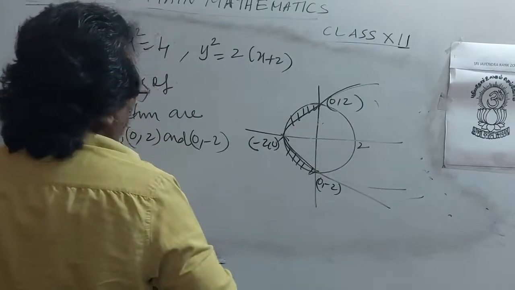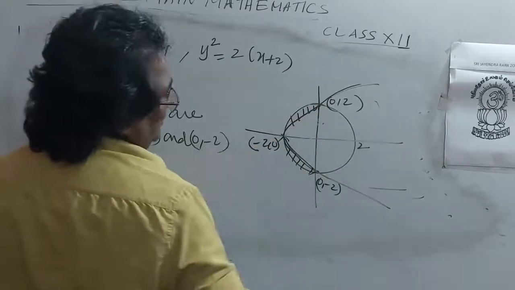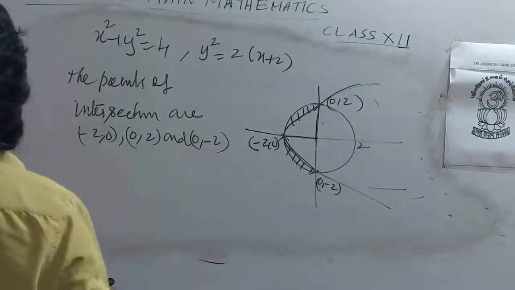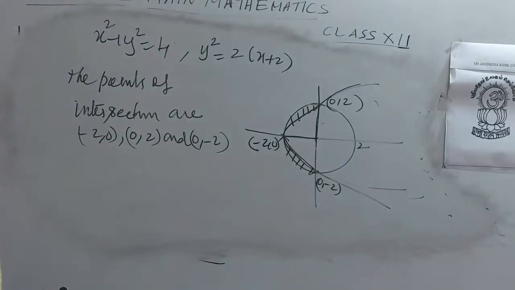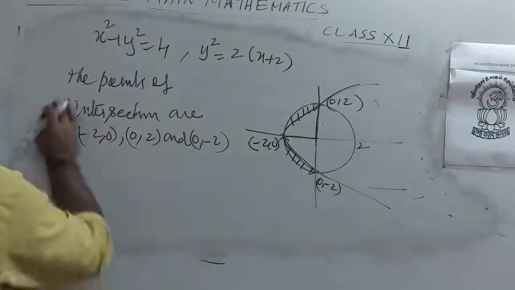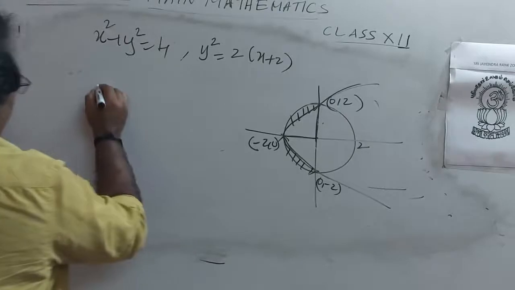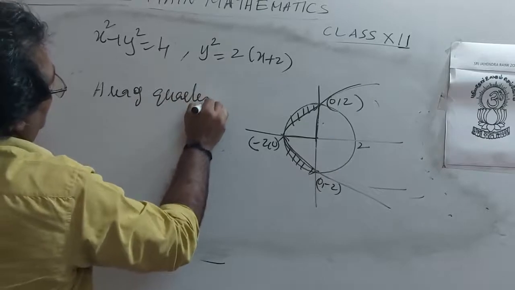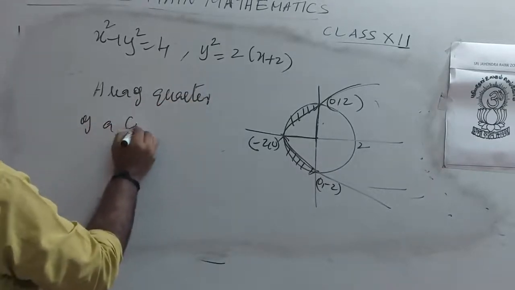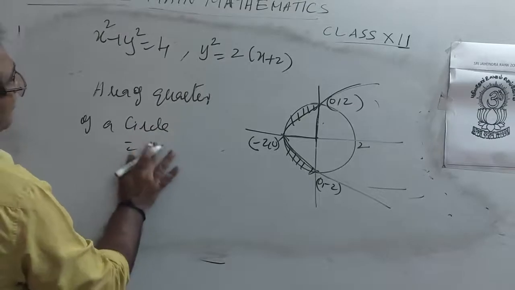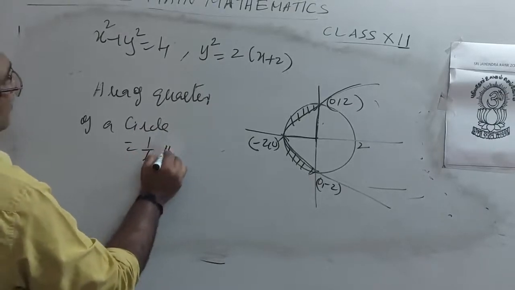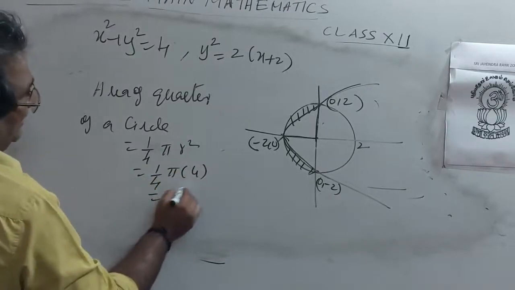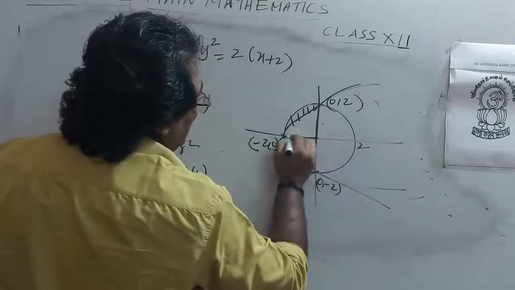So 2 times the area of this portion, that is one quarter of circle. Area of one by 4 pi r squared, that is 4, that is pi. This whole area equal to pi.